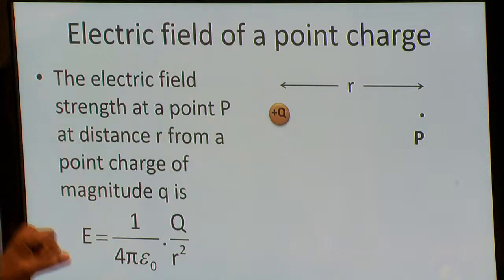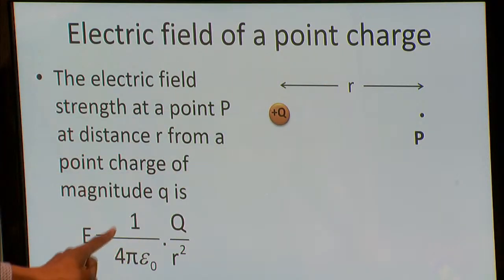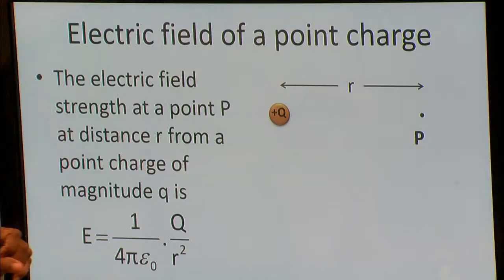Q, of course, is the charge, r is the distance, and this 1 over 4 pi epsilon 0 — the field is said to have spherical symmetry, and hence the 1 over 4 pi attends to that spherical symmetry. And epsilon 0 is a property of the matter in the air. It's called the permittivity of free space, or the permittivity of air.